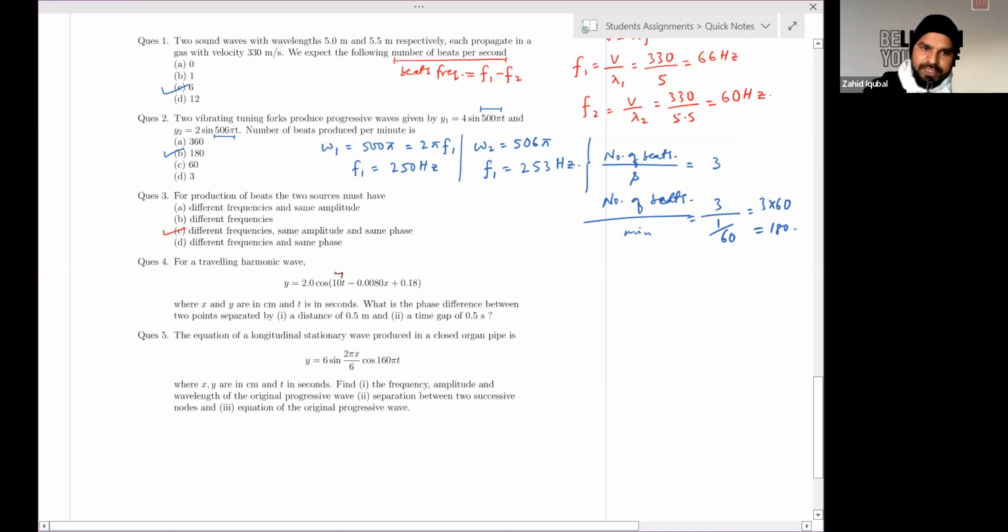So the coefficient of t is called omega and the coefficient of x is called k. So in this part, omega equals 10 radian per second, and k we have 0.008 radian per centimeter, since the measurement is in centimeter.